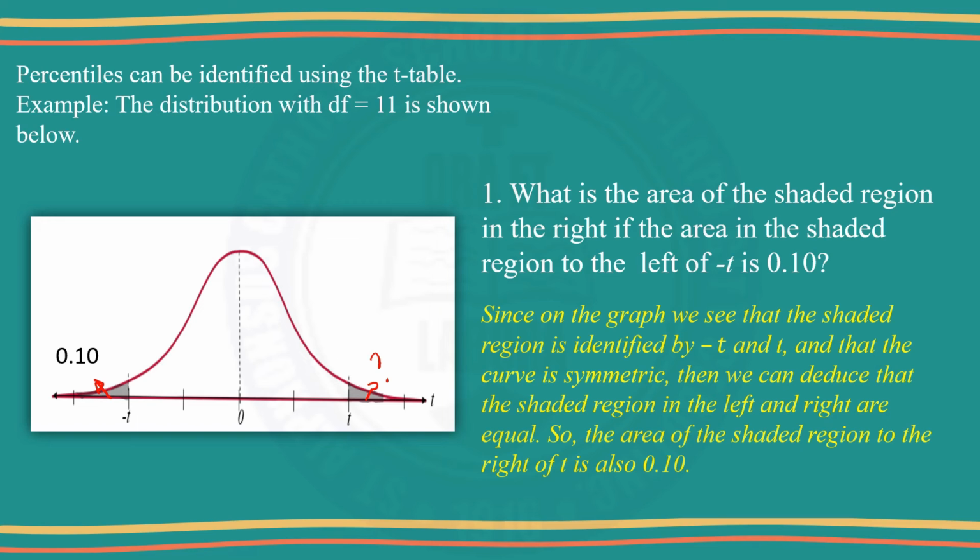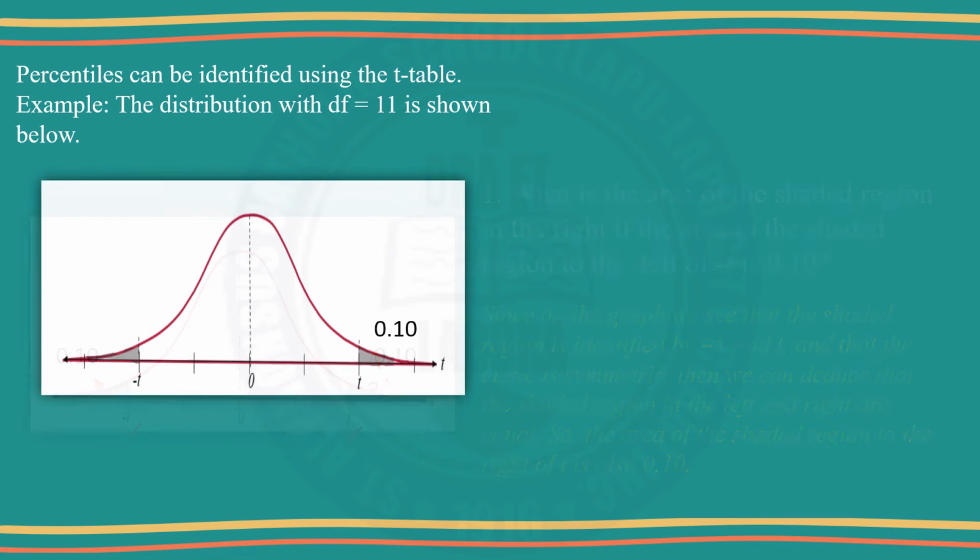Since on the graph we see that the shaded region is identified by negative t and t here, and that the curve is symmetric, then we can deduce that the shaded region in the left and right are equal. So the area of the shaded region to the right of t is also 0.10. Problem number 2.